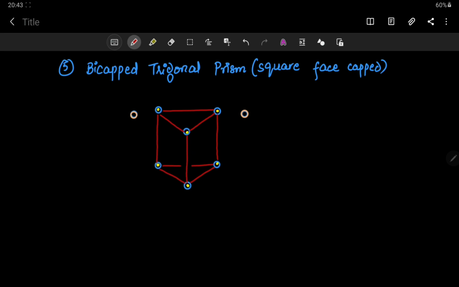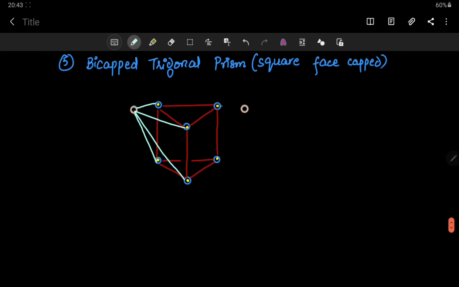Another square face towards your left will join with this vertex. For convenience, I have taken vertex little bit upish. It is not actually upish, it will be exactly in the center of that square face, but this is like a top view, therefore I have taken it on top.